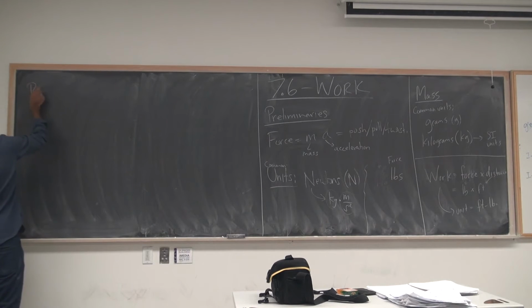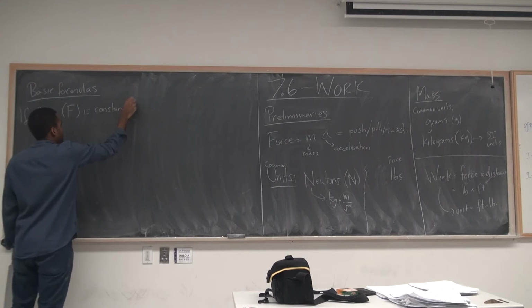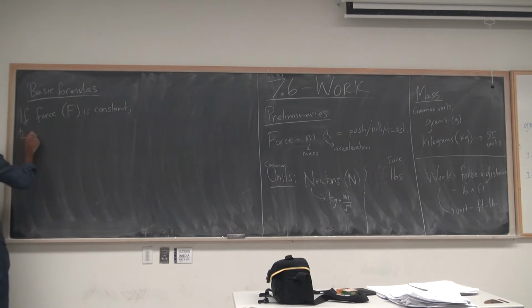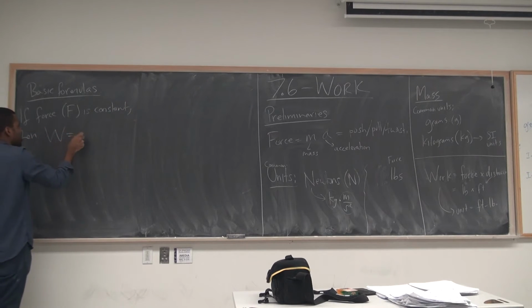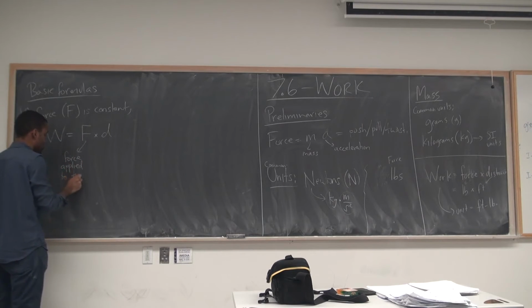So, basic formulas. If the force, let's call it F, is constant, then work is equal to force times D. This is the force applied to the object.